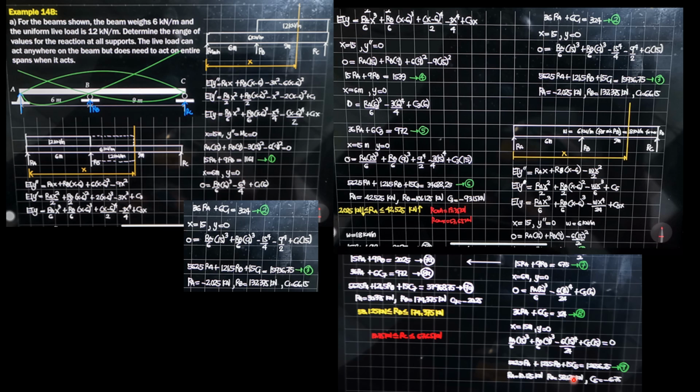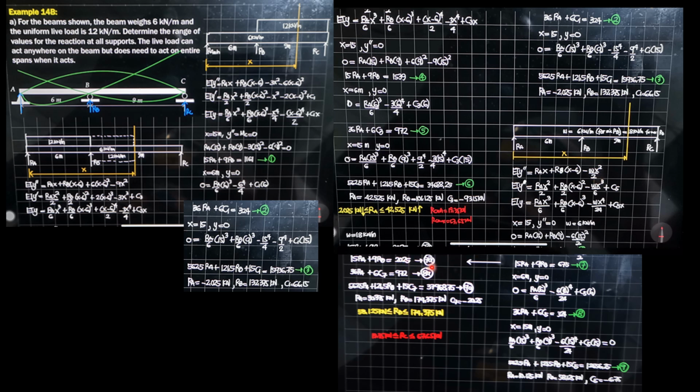Then we load the entire beam by 18 kilonewtons per meter this time, since it is the same. The only difference is the W. So this equation 7 would become 15 RA plus 9 RB equals, from this equation here, 18 times 15 squared over 2, and that's 2025.